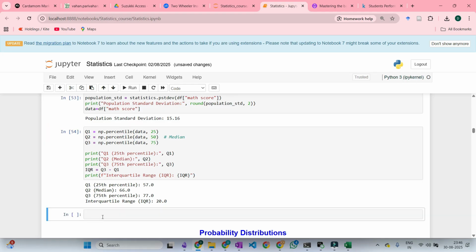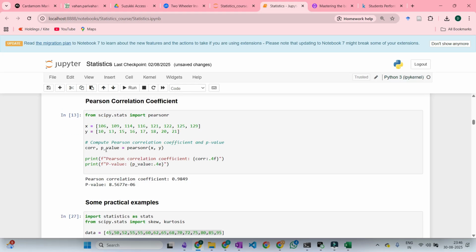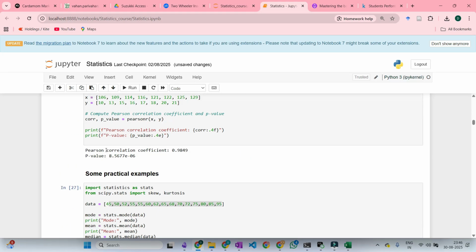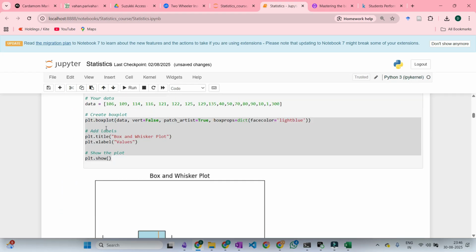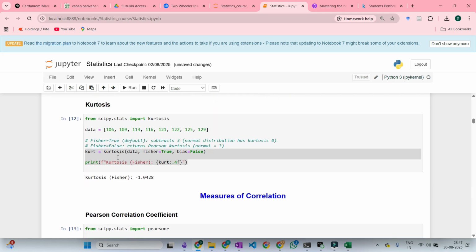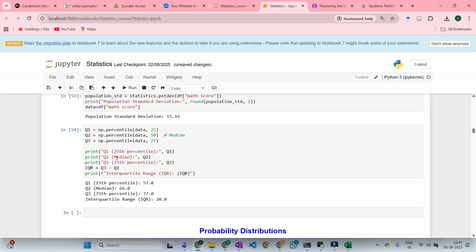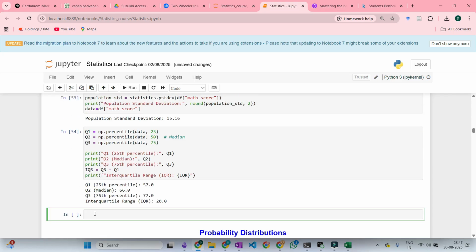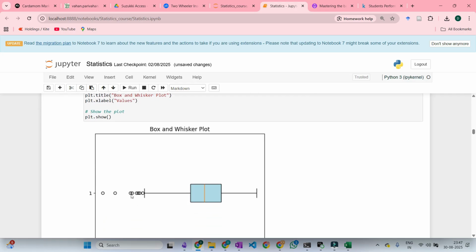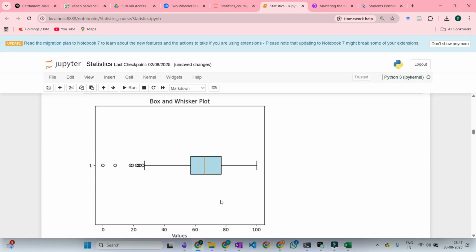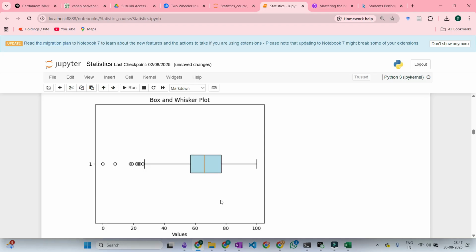Now let us plot the box and whisker plot. See, this was our box and whisker plot code. Okay, let us plot the box and whisker plot. Now you get an idea about the data, right? There are several outliers you can see.